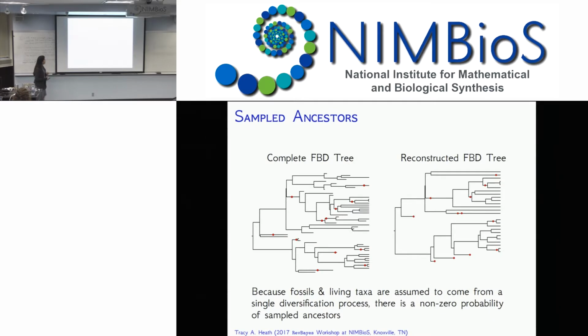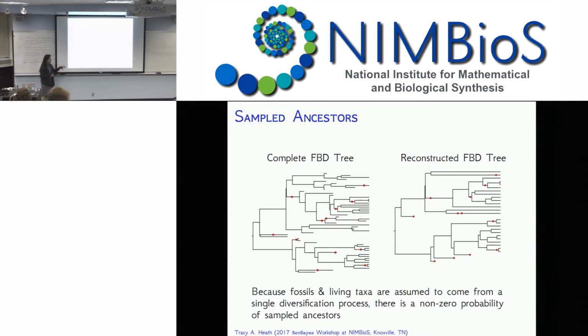And so if we look back to our FBD tree and our complete phylogeny, or the complete fossilized birth-death tree, here we have all the samples as the process of diversification is happening, we're sampling among the lineages that are existing, at a sampling event. And then we get to our reconstructed tree, and we see that we have some samples, actually several here, that fall directly on a lineage that also has a sampled descendant.